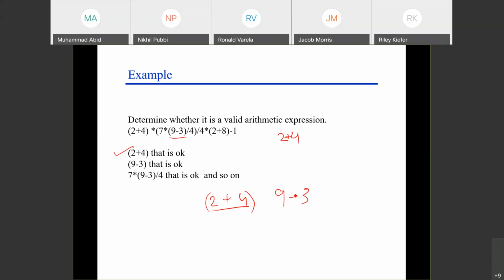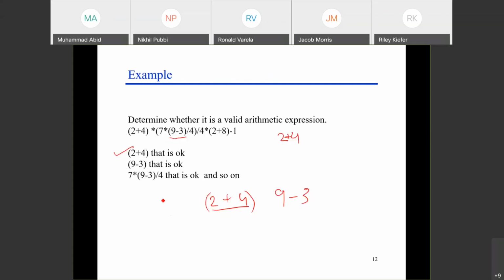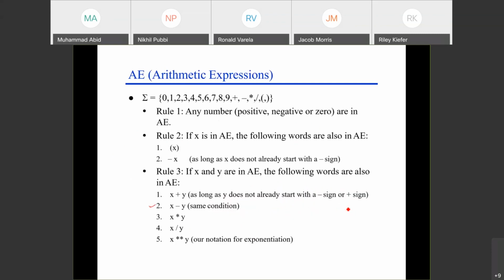We consider this as x, and we put parentheses around that. Now this is done. Now we put 4 as arithmetic expression, and we consider this as x, this as y, and x slash y is in arithmetic expression.